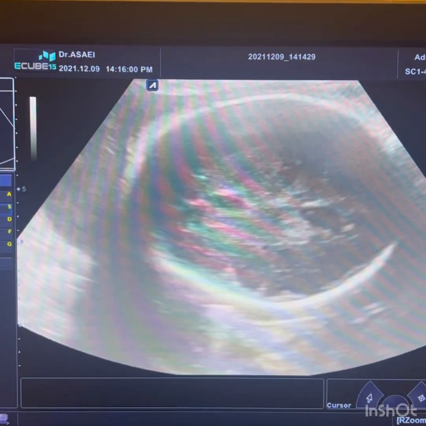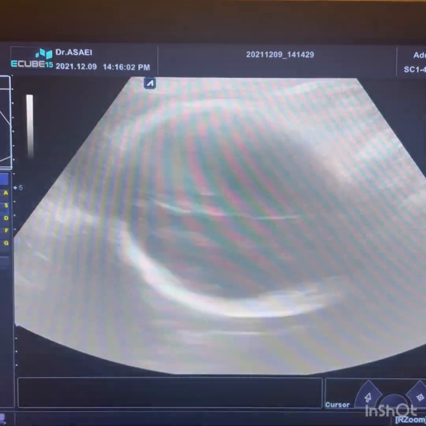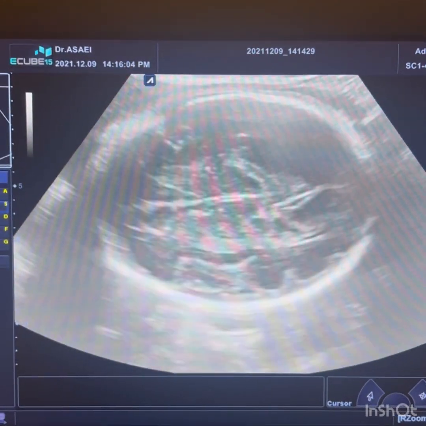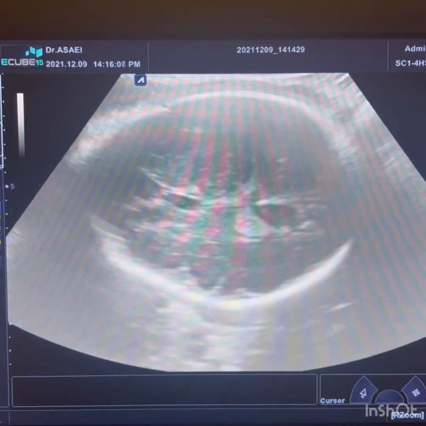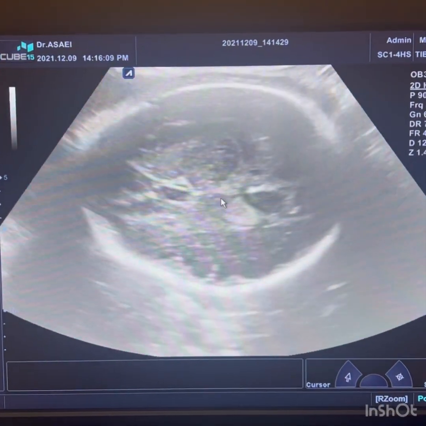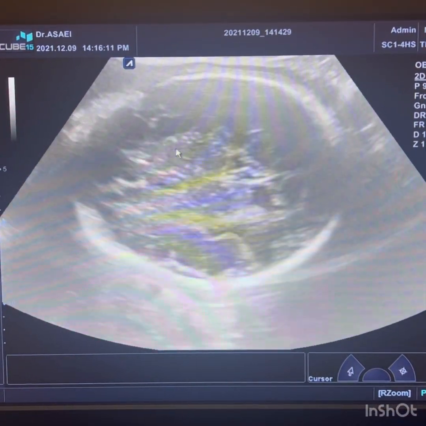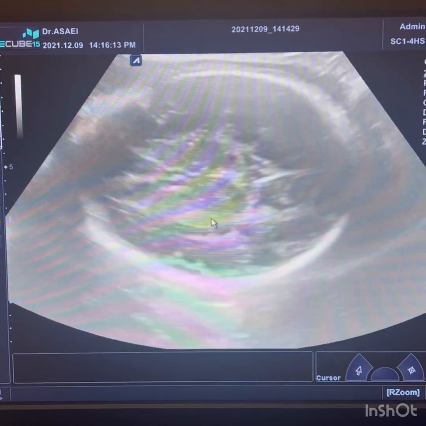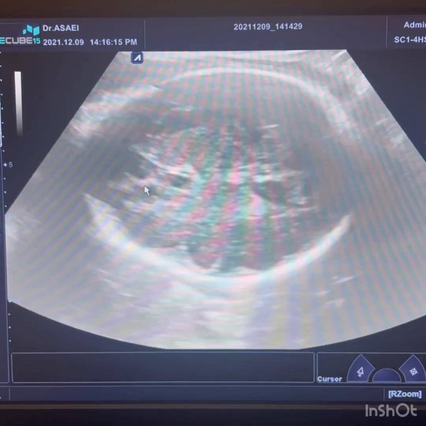Now let's discuss a normal case with a normal fetal head and two cases with dolichocephaly and brachycephaly. Here is a normal 30 weeks fetus with a normal head.